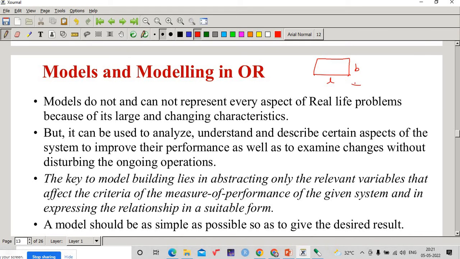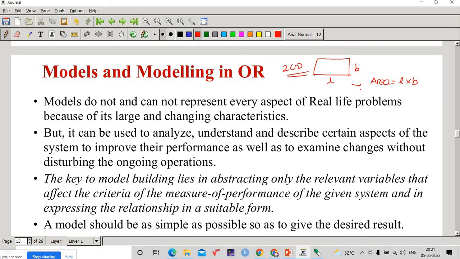So this is a kind of modeling we are doing. We take a real life application, calculating the area of the board, and we formulate it into a mathematical model, which is defined in this way: area is equal to length into breadth. And suppose in an organization I ordered 200 boards, and I observed little variation in the length and breadth.